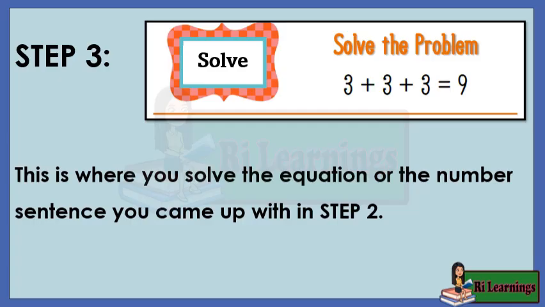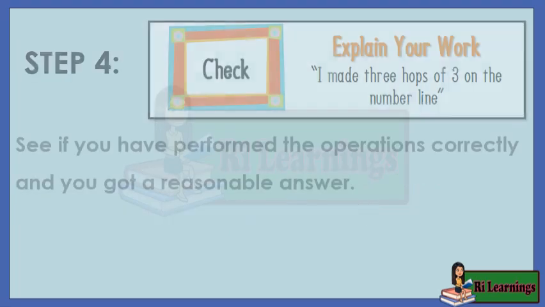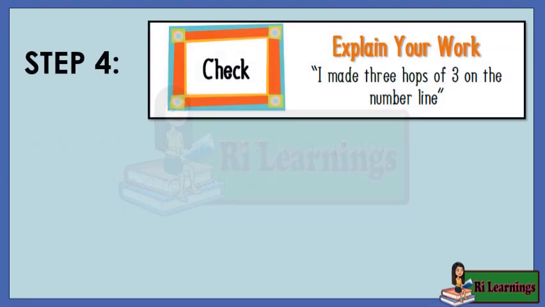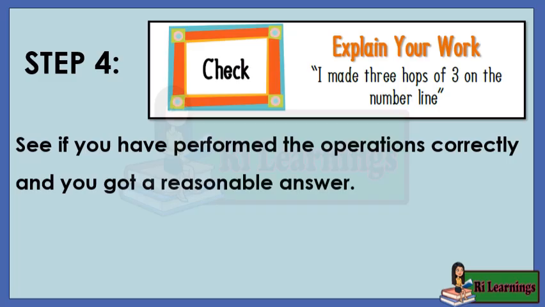This is where you solve the equation or the number sentence you came up with in Step 2. Use appropriate mathematical techniques to solve the equations and find the solution to the problem. Step 4. Check and look back. Double-check your work. See if you have performed the operations correctly and you got a reasonable answer.